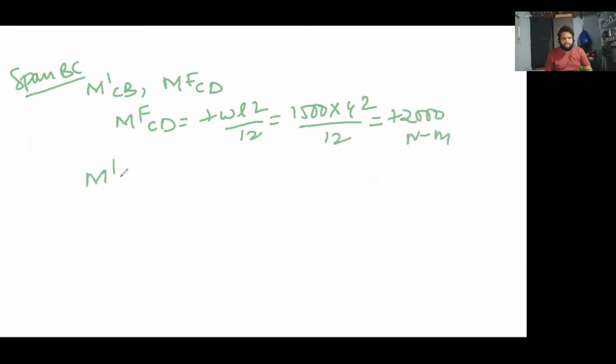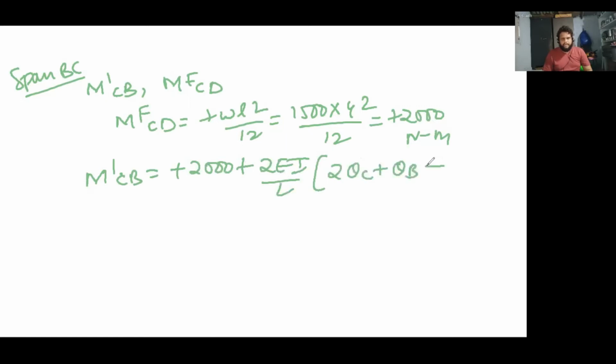So M dash CB equal to MFCB, that is plus 2000 plus 2EI by L into 2 theta C plus theta B minus 3 delta by L. This is our actual equation. So initially you have to write our generalized equation, and based upon our support sinking, you have to change that equation. Now again you see, in the BC span, if this is B, again we require clockwise movement to generate that sinking. So this will become plus now.